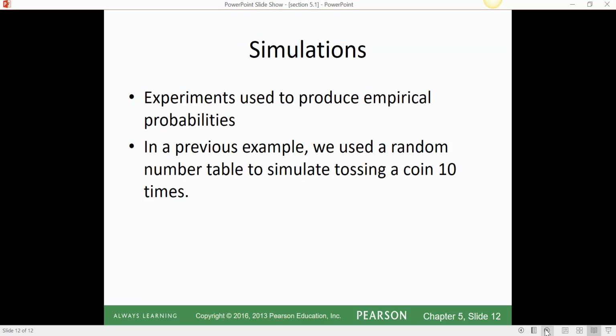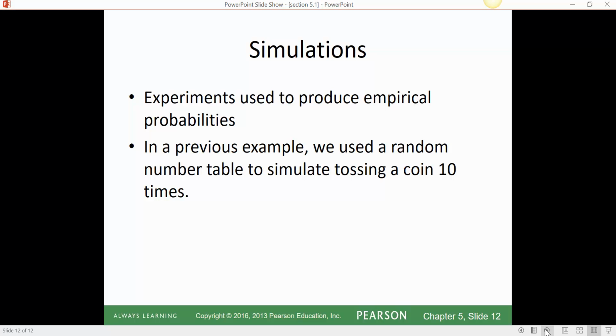So, simulations. For experiments, we often use simulations to produce empirical probabilities, right? Instead of actually flipping a coin 100 times, we can use a simulation, and I'm going to show you one of those in a moment. Here I'm just pointing out we use the random number table to simulate tossing a coin 10 times.